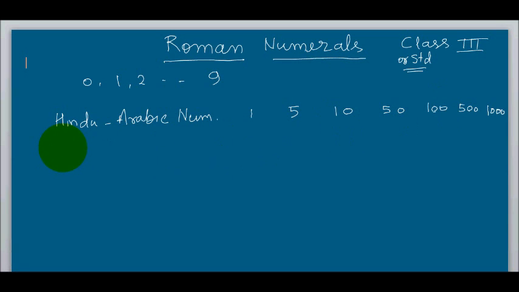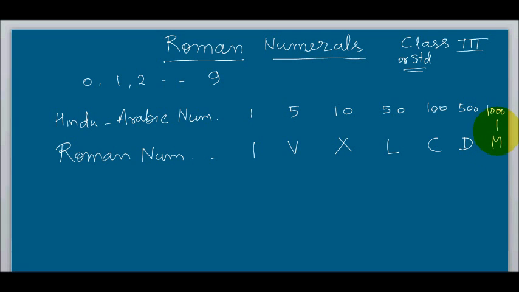Here are the Roman numerals. This is 1, this is 5, 10, 50, 100, 500 and 1000.